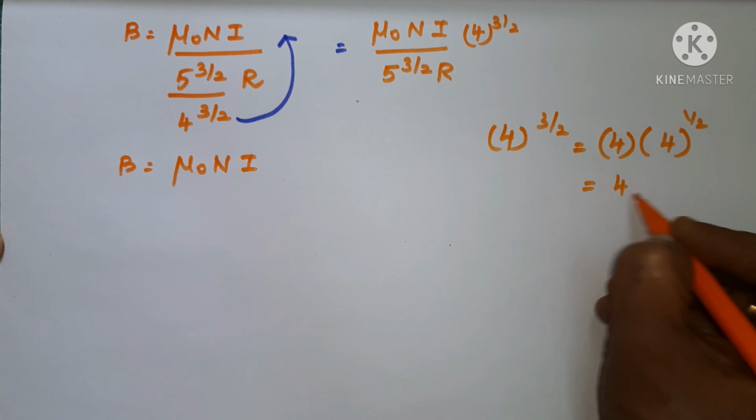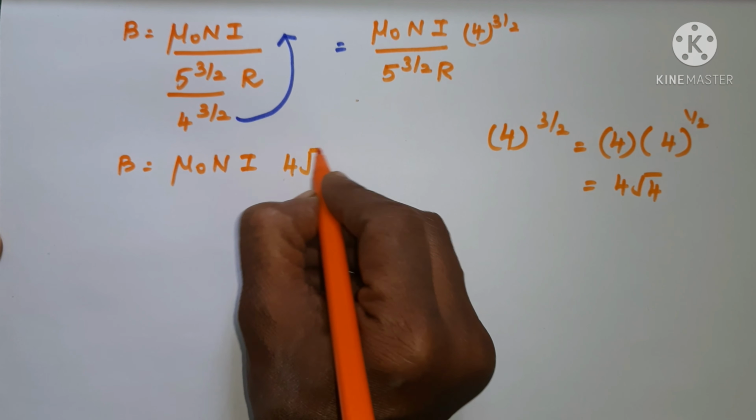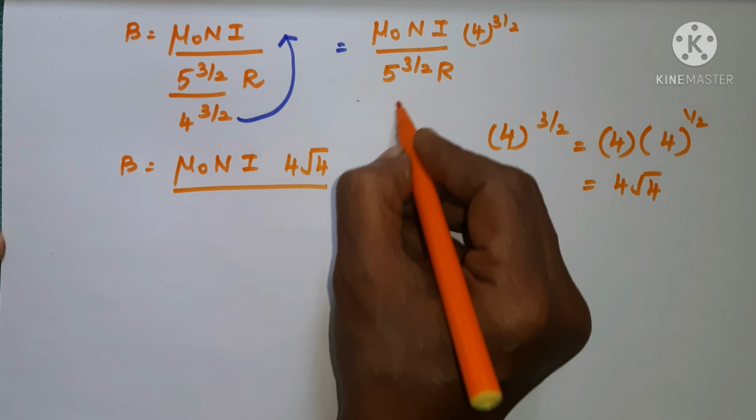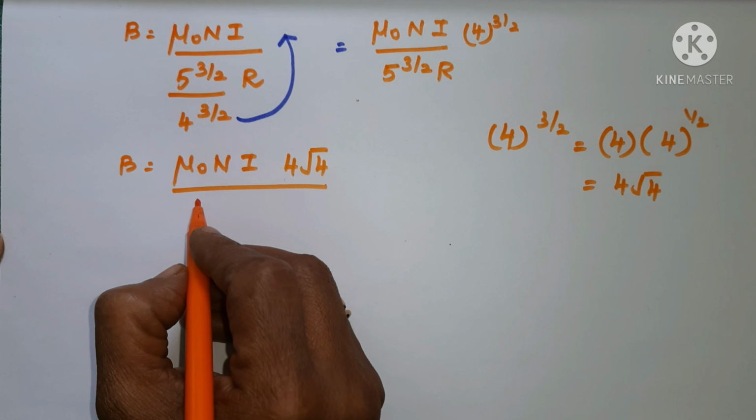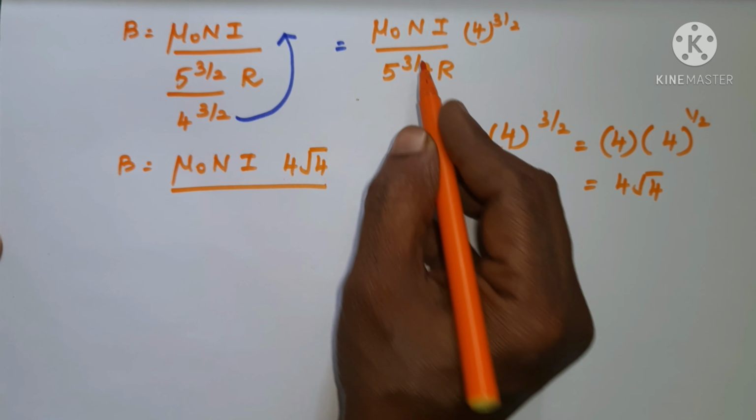So it is 4 root 4 we can write, divided by, let me keep this as such, because in the option we have this 5 root 5, the power of 3 by 2.